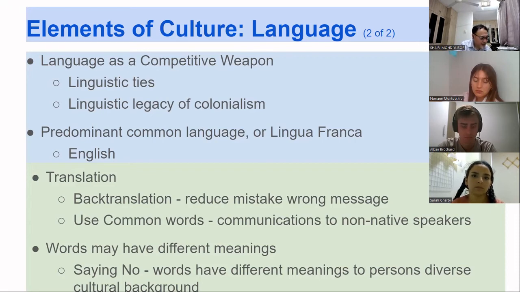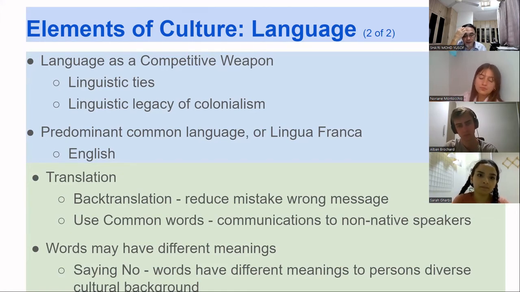You translate, and then you translate back into the original language and get someone to check it. It's double translation basically, so that you avoid the so-called wrong message, because sometimes direct translation will have a different meaning.